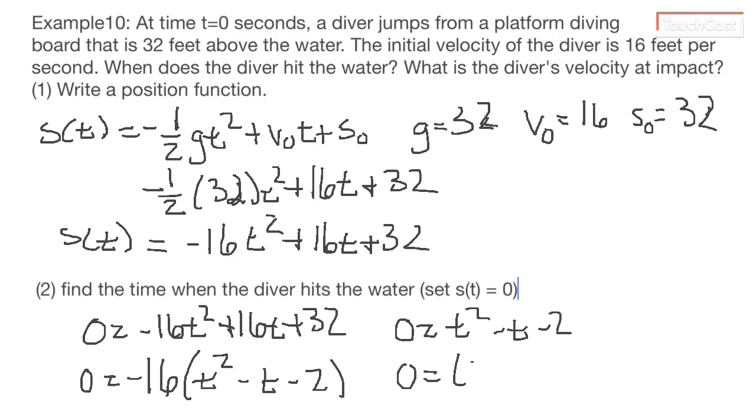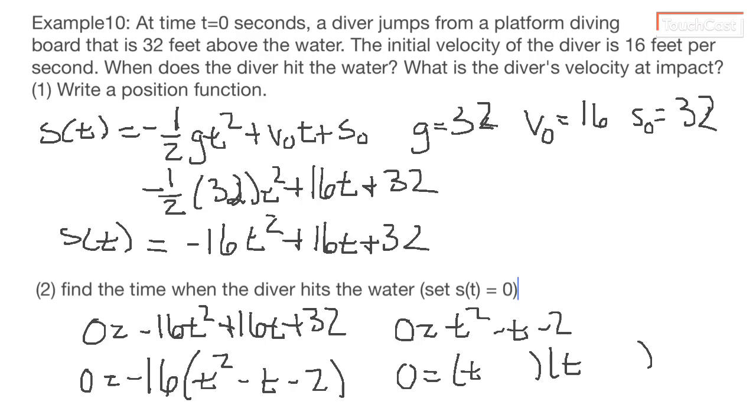That's going to factor to t and another t. And we need numbers that are going to multiply to make negative 2 and add to make negative 1. The only numbers I know that can multiply to make negative 2 would be a negative 2 and a positive 1, or a positive 2 and a negative 1.